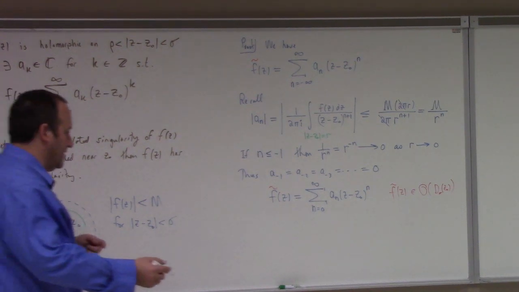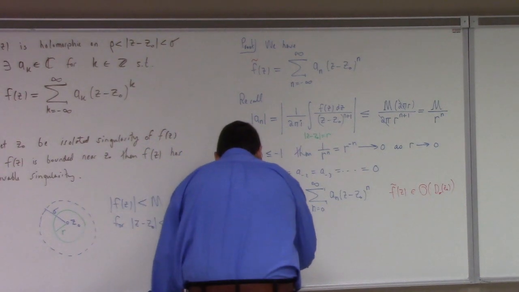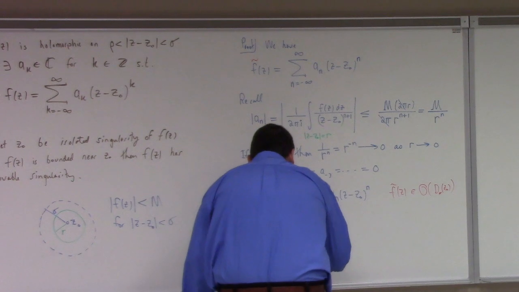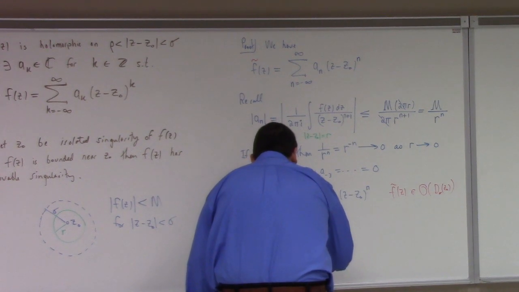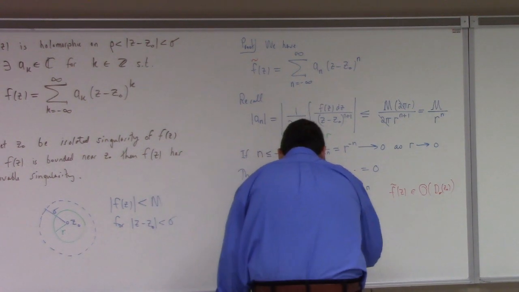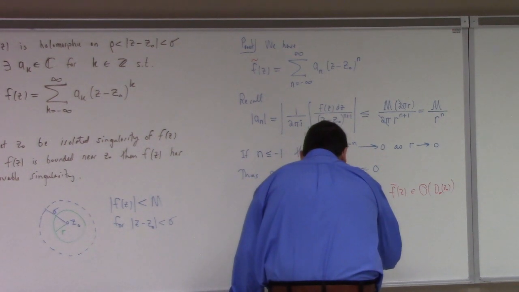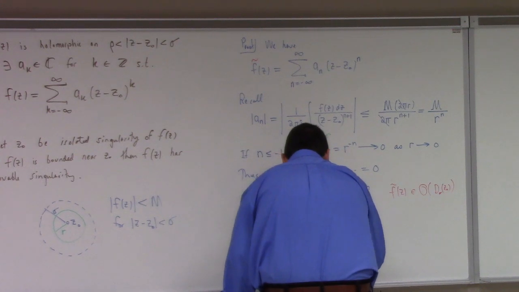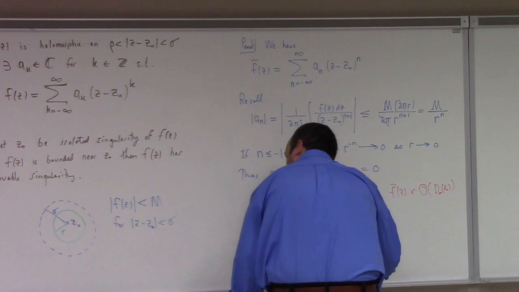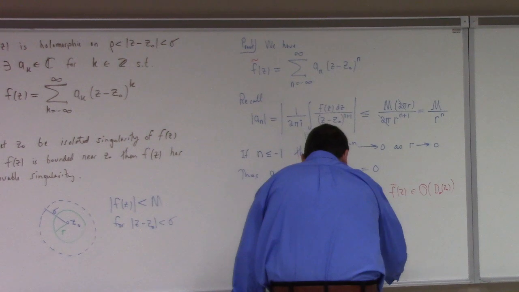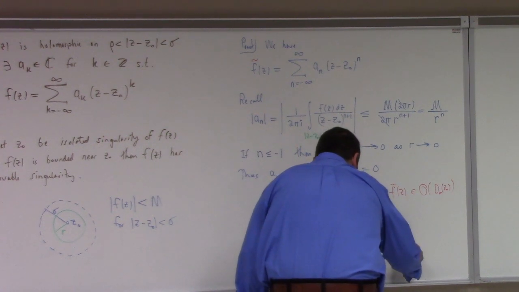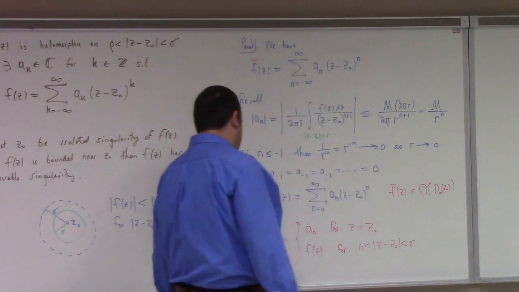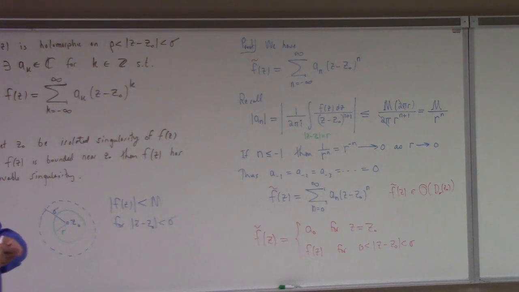So my larger point is that we can just say, okay, here's the deal. f tilde of z can be equal to a sub naught for z equals z naught, and it can be equal to f of z for 0 less than modulus of z minus z naught less than sigma, which shows you that, in fact, the singularity is removable.